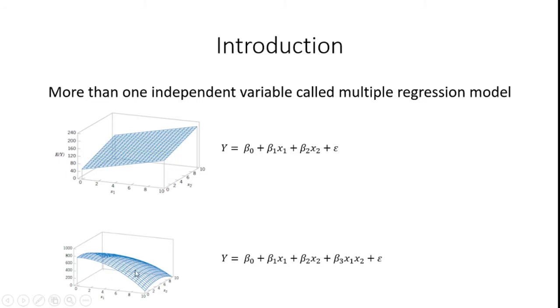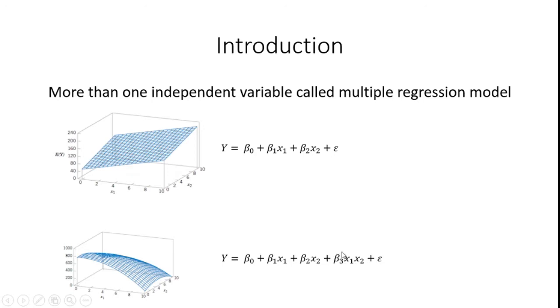According to this graph, there is an interaction effect available, so the curvature varies along the x1 axis and the x2 axis, and the mathematical formulation will be y equals beta naught plus beta 1 x1 plus beta 2 x2 and also plus beta 3 x1 x2.